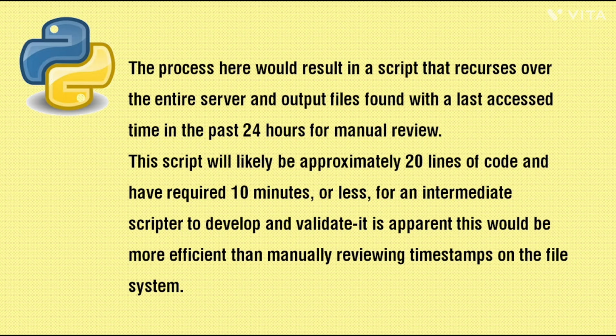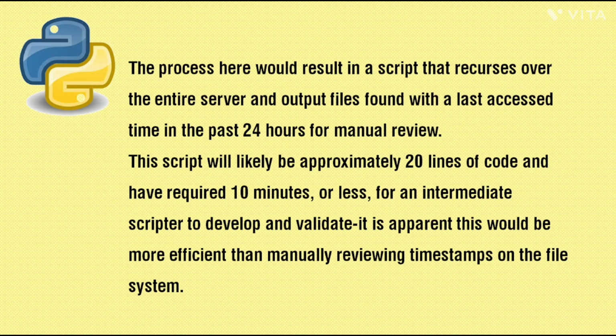This script will likely be approximately 20 lines of code and require 10 minutes or less for an intermediate scripter to develop and validate. It is apparent this would be more efficient than manually reviewing timestamps on the file system.